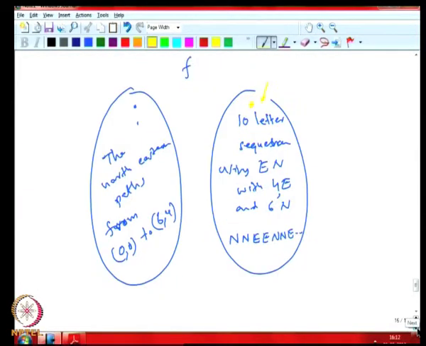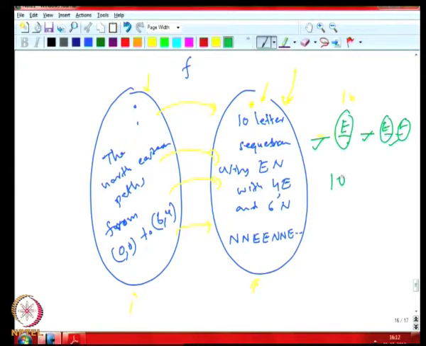So, that is indeed a bijection between this and this, right, and then we see that this number and this number are the same. Now, what is this number? There are 10 positions here, so we have to put E in 4 positions, and the remaining positions will automatically be filled by N. So, we just have to select the positions to fit our E's in.